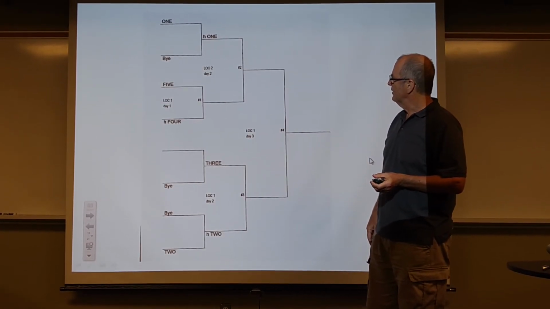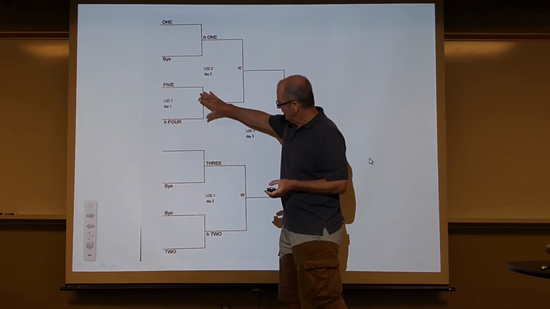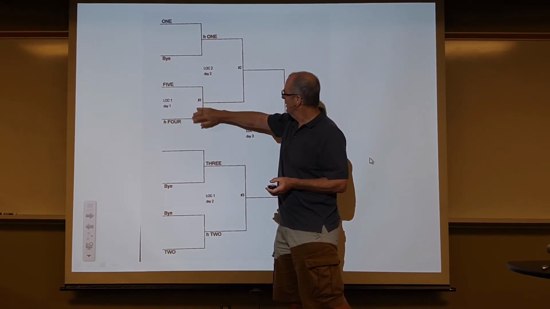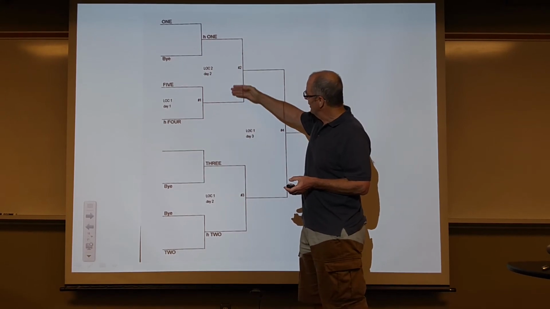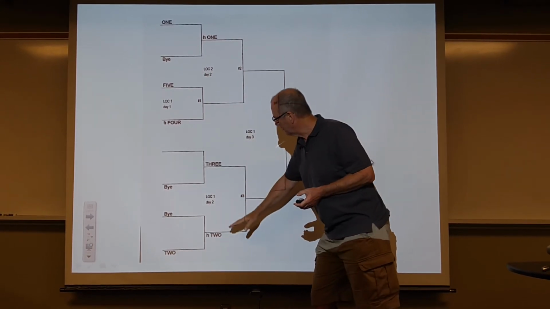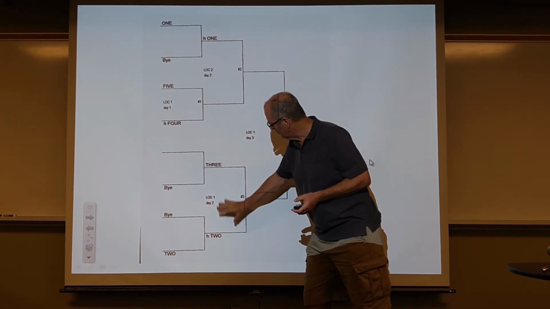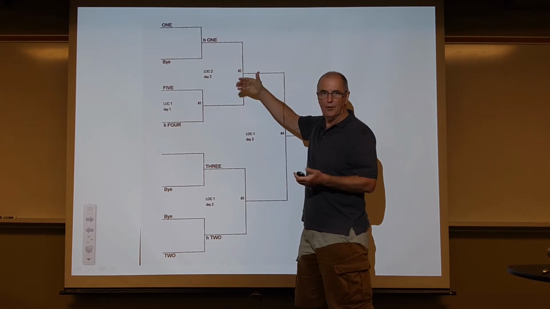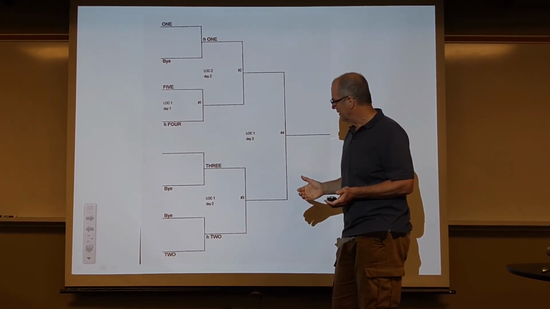So in this particular case, we have 5 entries, so there's only 1 game initially, so that's going to be at location 1. Then we have 1 playing 4, 3 playing 2, so we'll give the best location to this game rather than this one, because 1 and 4 are further apart, 2 and 3 are closer together.